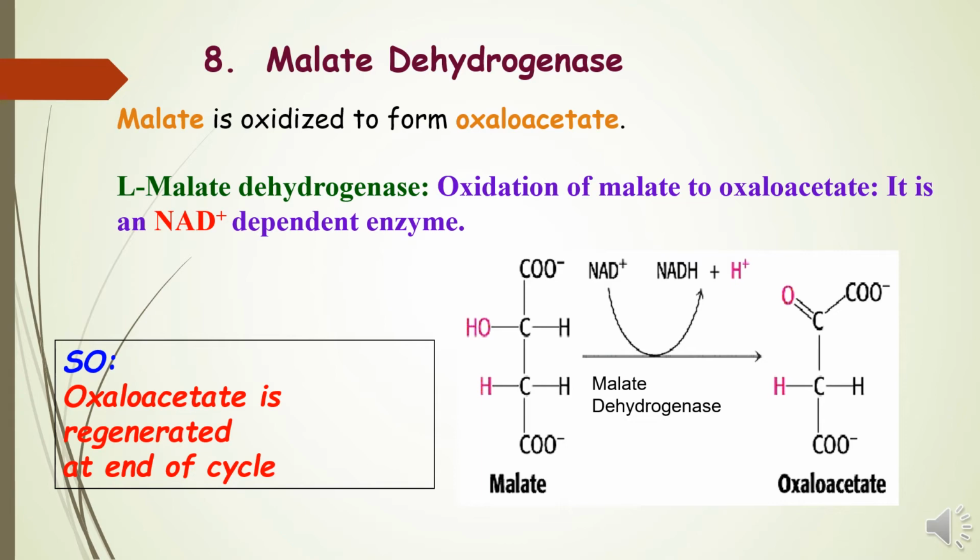The coenzyme responsible for this process is NAD, and the final product will be oxaloacetate. So oxaloacetate is regenerated by the end of each cycle of citric acid cycle. And this reaction completes the cycle.